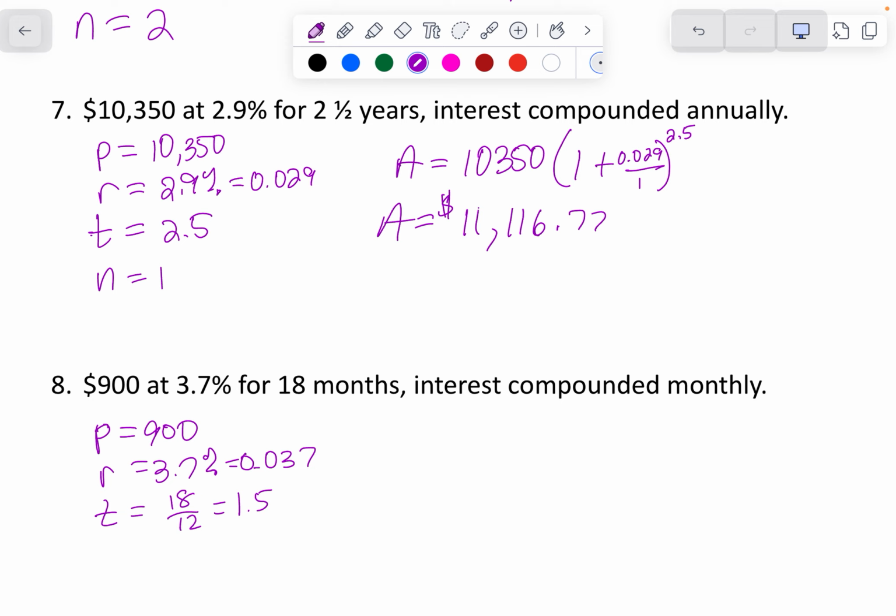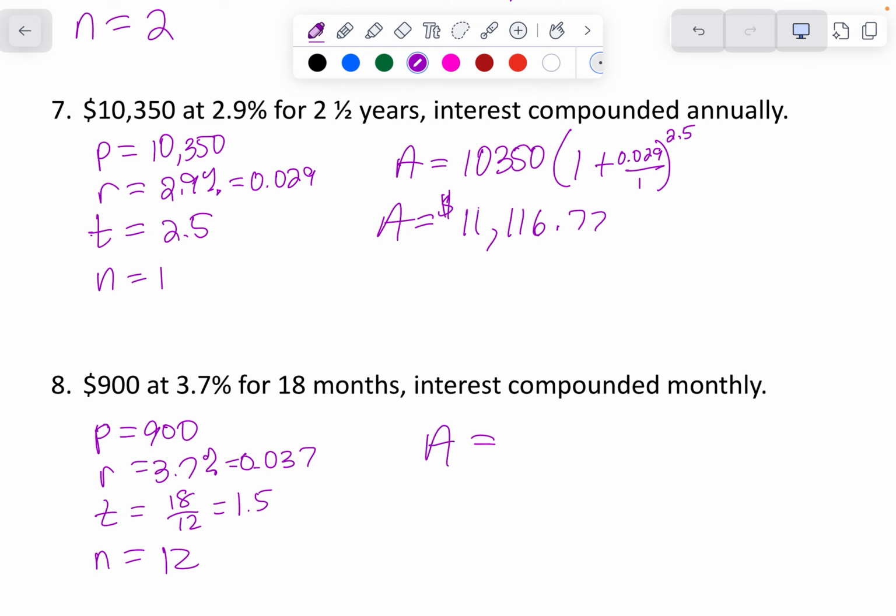So 18 divided by 12 means it's 1.5 years in 18 months. And then our N is monthly here, and so the N is 12. Getting that information out of the problem, having it in the correct format, time should always be years, and making sure to use the correct decimal is the hardest part.